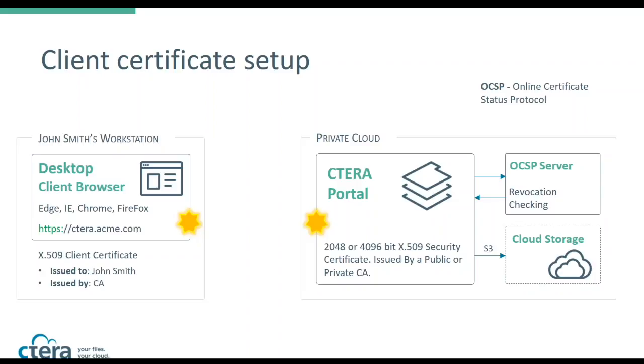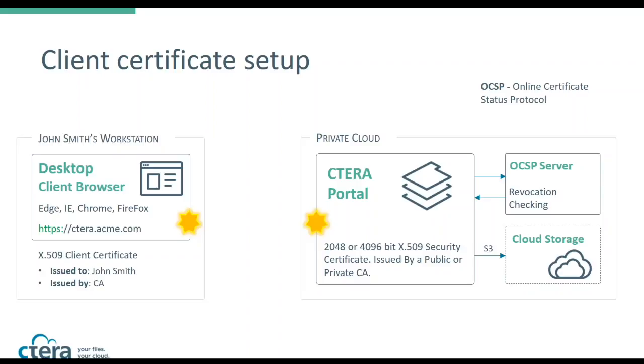So the private certification authority from the public key infrastructure issues a certificate that is loaded to CTERA portal and also issues a personal certificate for John Smith. We have John's PC on the left, and we can see at the bottom he has a client certificate that is issued specifically for him by the same certification authority that issued the certificate for the CTERA portal.